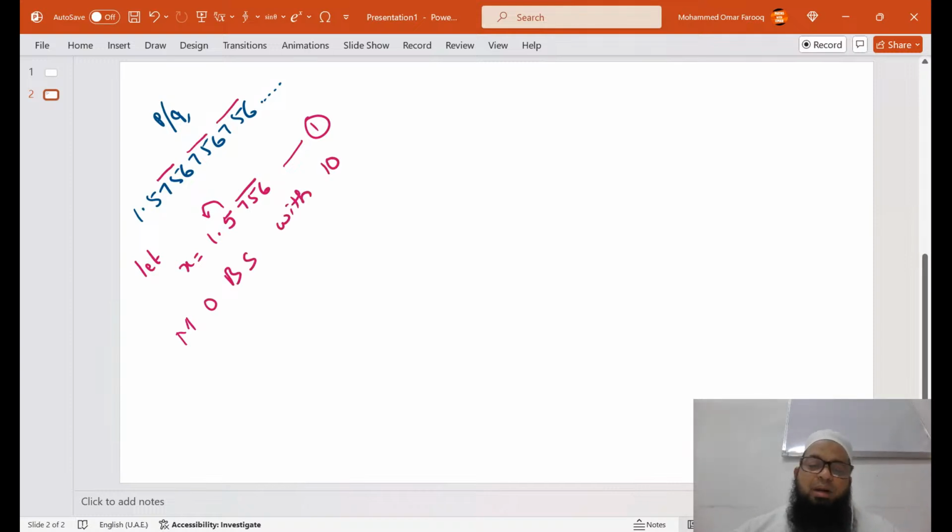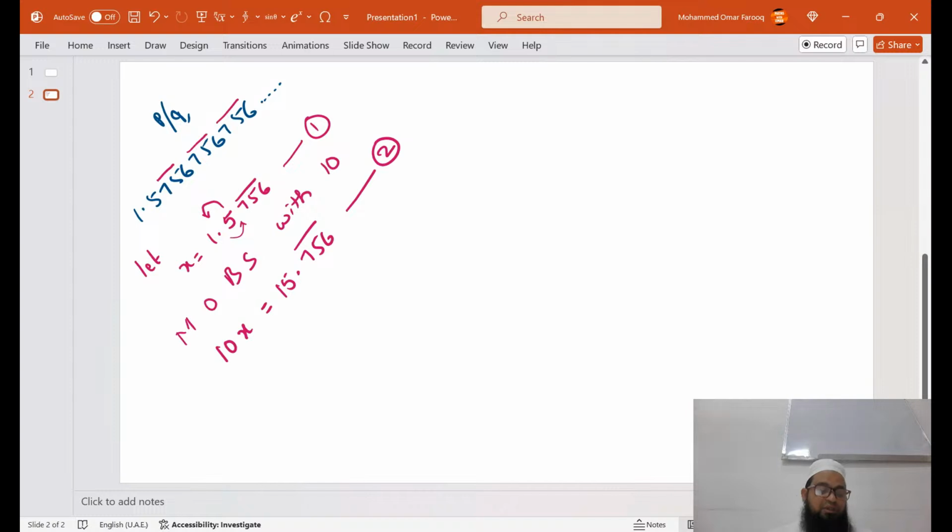When you multiply on both sides, it becomes 10x equals. Now when I multiply, what happens to the decimal? The decimal will move one place to the right. So it becomes 15.756 bar. Is it right? So this is our second equation.